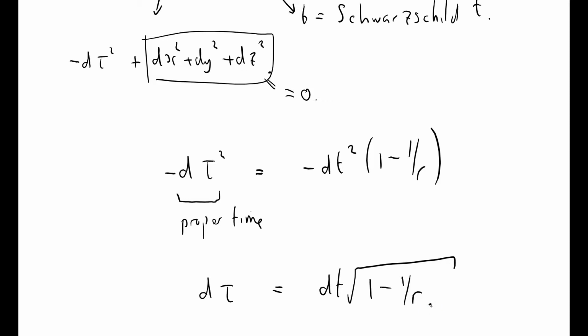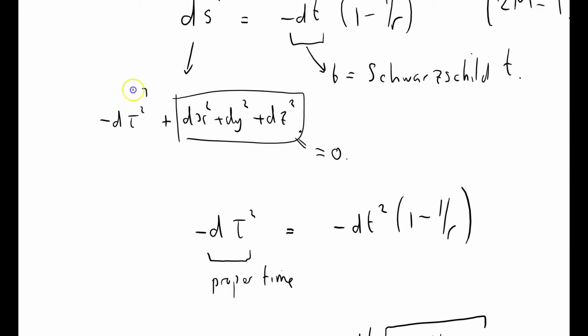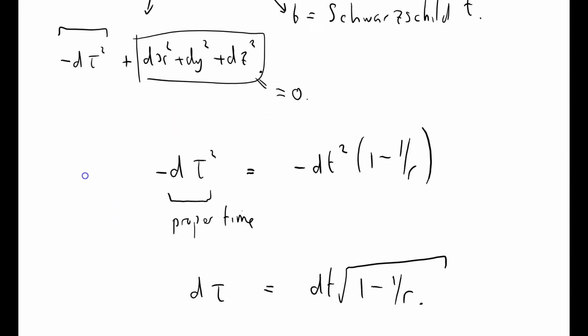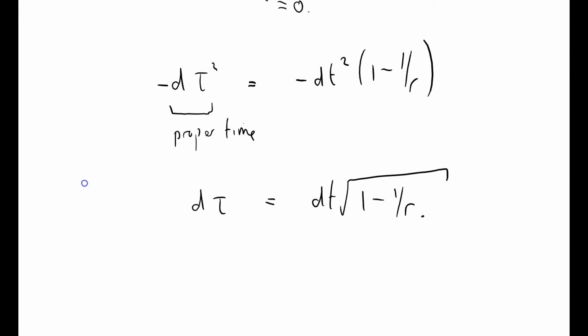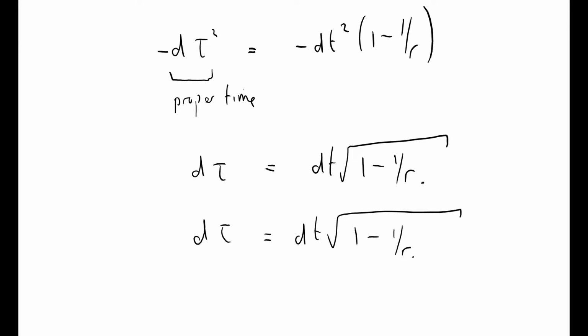So that says that d tau equals dt times the square root of 1 minus 1 over r. I guess technically there are 2 roots to this, but we are going to consider tau as being the time-like variable. We'll be outside the black hole anyway. What this means is that there's a time dilation effect.